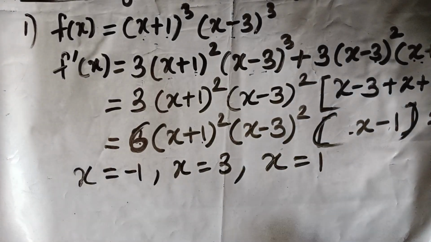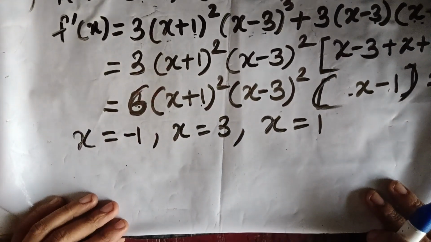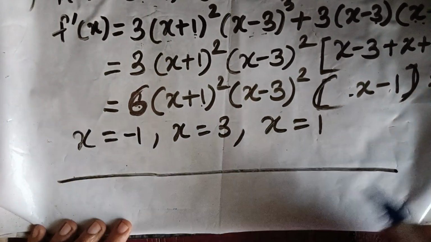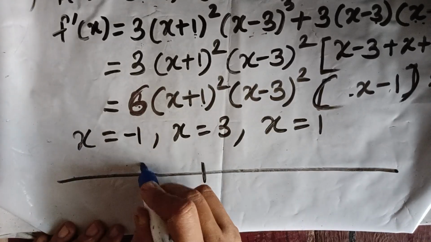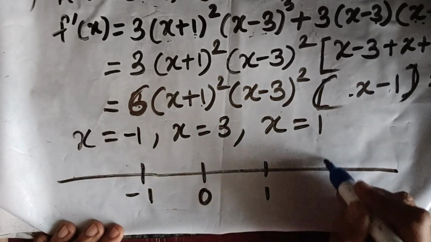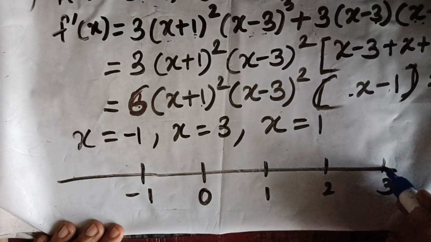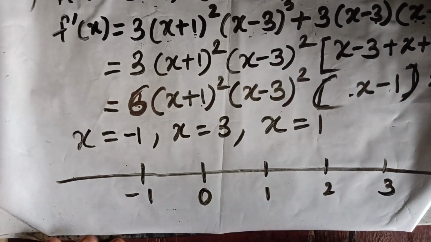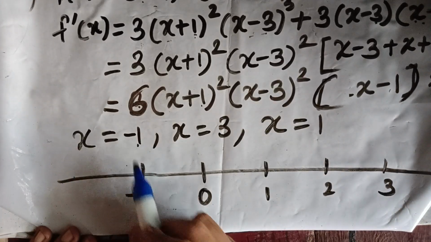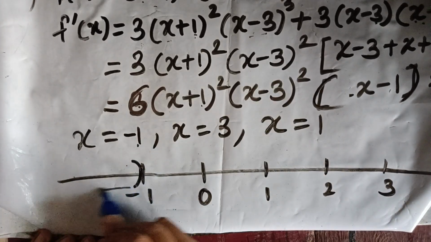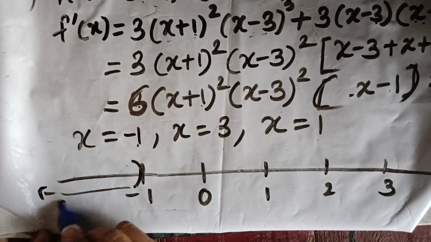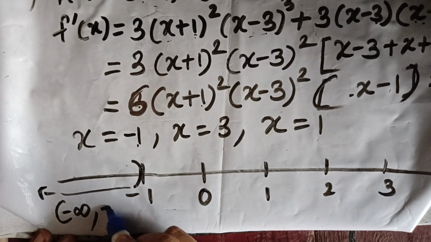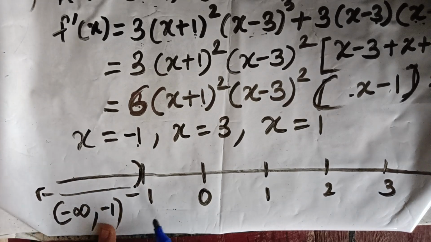So now we have to draw the intervals. 0, minus 1, 1, 2 and 3. So from minus infinity to minus 1, this is our first interval.